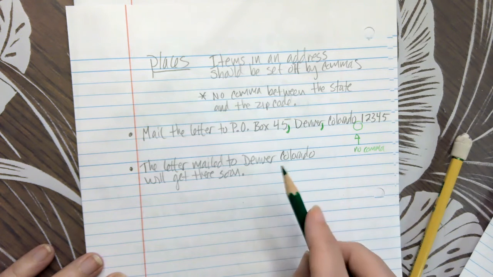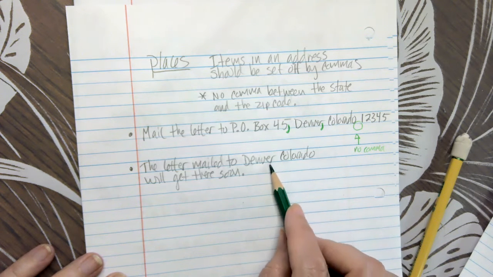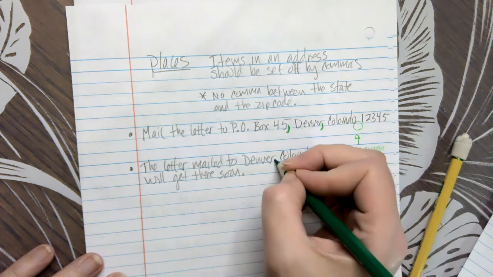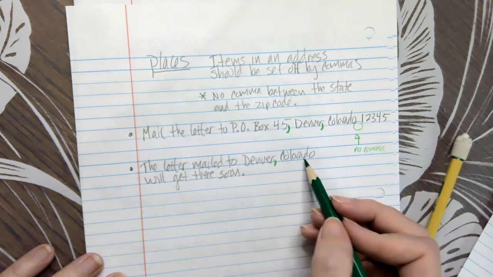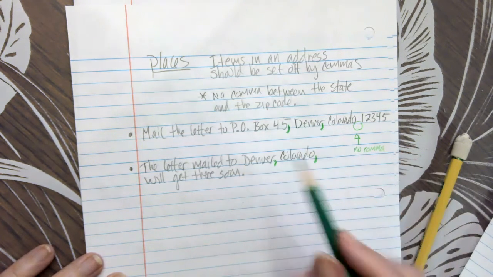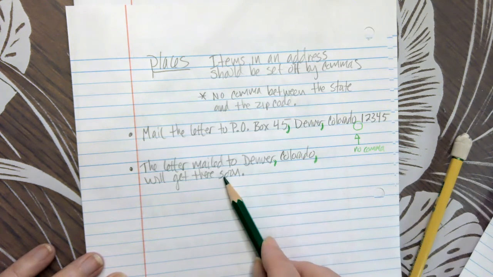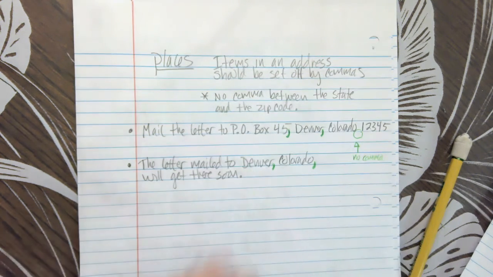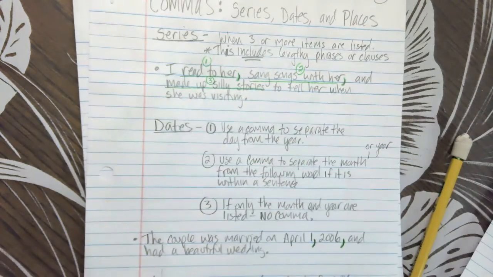We do need to separate the city from the state. And we do need to separate the name of the state from the rest of the sentence. Okay, so the letter mailed to Denver, comma, Colorado, comma, will get there soon.